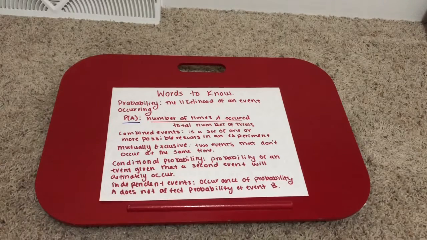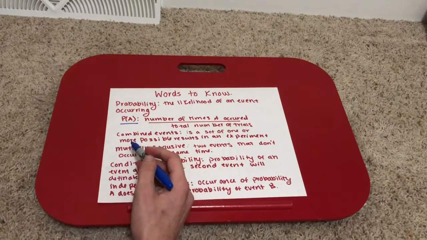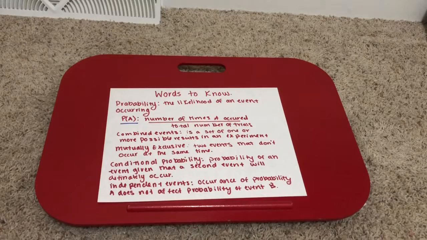Throughout this unit there are many different formulas that you need to know, and these formulas have different names. The first is called combined events, which is basically a set of one or more possible results in an experiment.